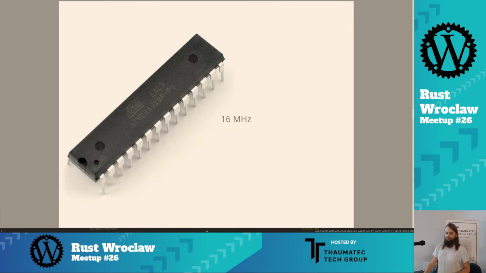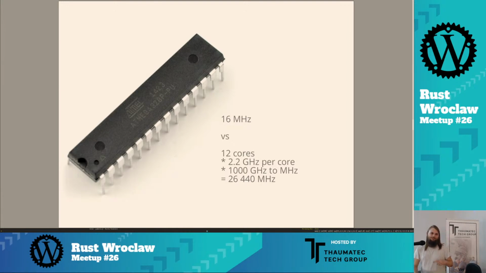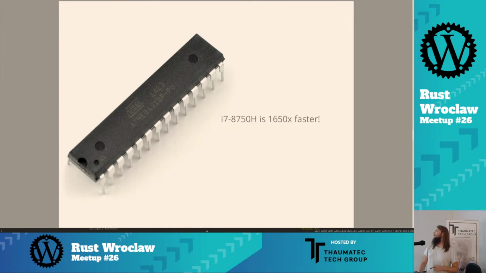So this little boy has 16, and the machine this presentation was developed on has around 26,000. If we divide both numbers, this Core i7 is around 1,000 times faster.